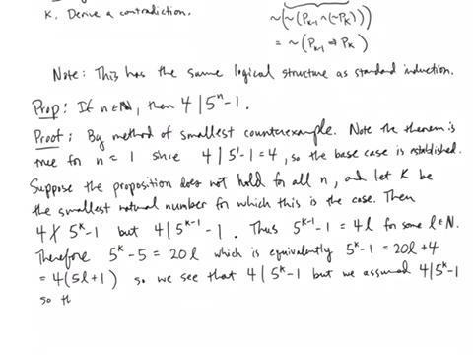So this contradiction proves the proposition. Okay, so that's how you use the method of smallest counterexample.